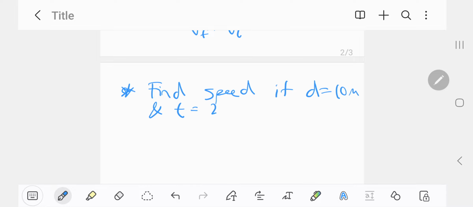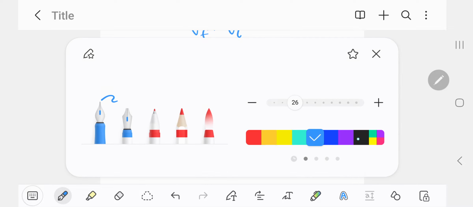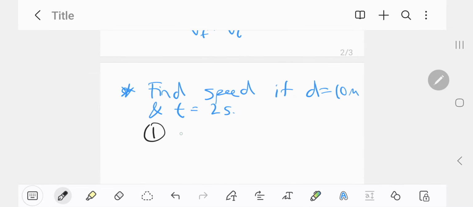We can do some calculations, some simple ones. Let's say you need to find the speed if distance is 10 meters and time is 2 seconds. Step 1, write down what we know. We know what the distance is, 10 meters. We know what time is, it's 2 seconds. How do you work out speed?